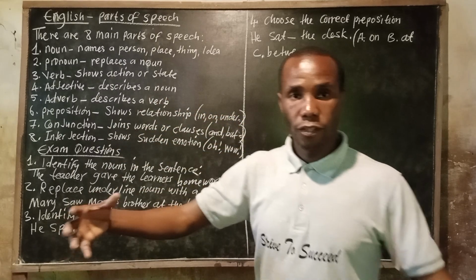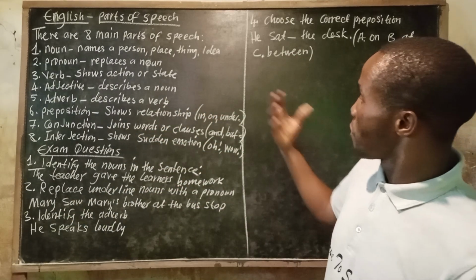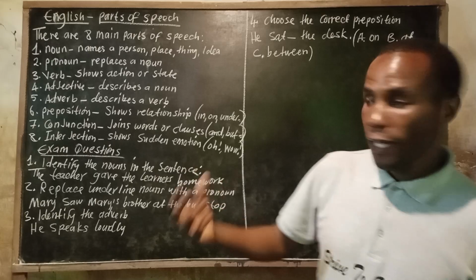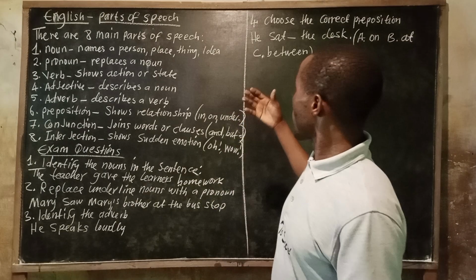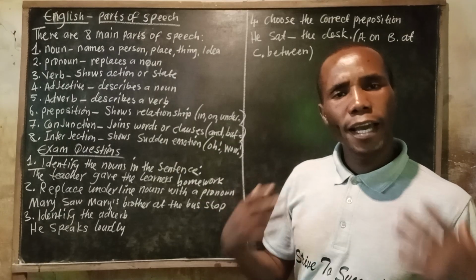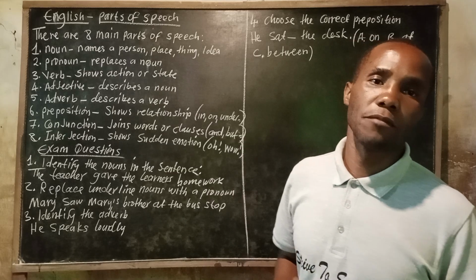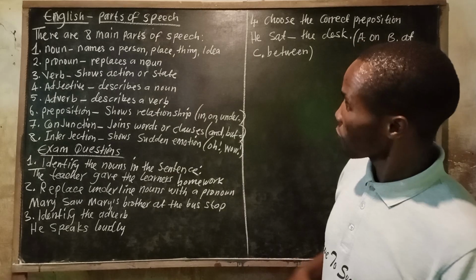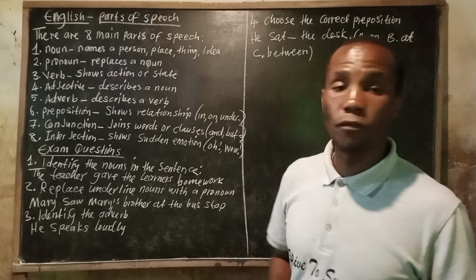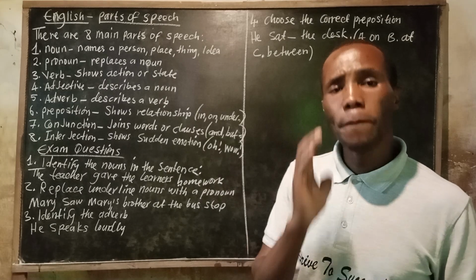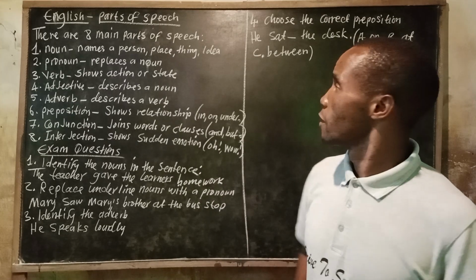What you are naming can be a person, a place, a thing or an idea. As long as you have named it, it becomes a noun. So noun is one of the 8 main parts of speech.